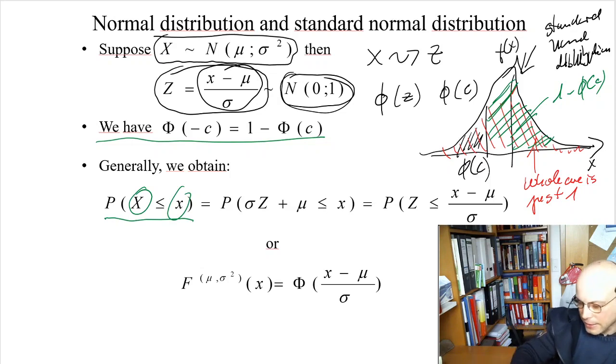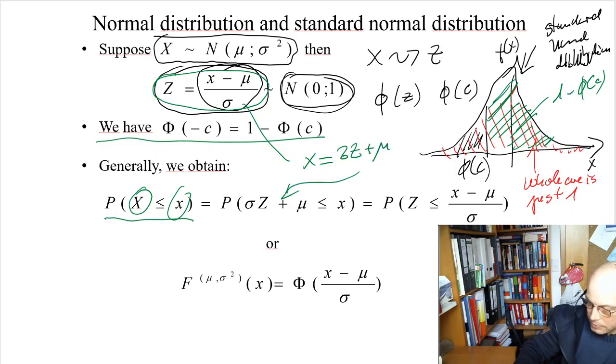If we translate this with this transformation, we have x equals sigma z plus mu. If we put this in, then this means the probability that this term is smaller than x.